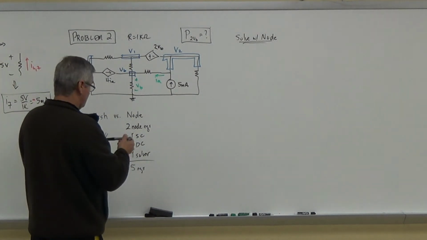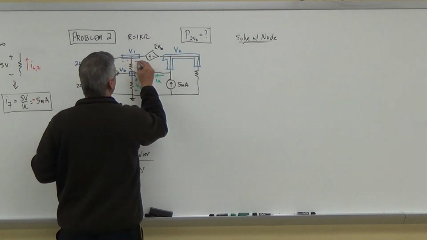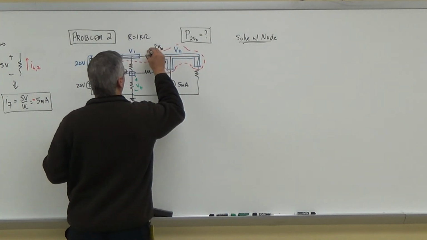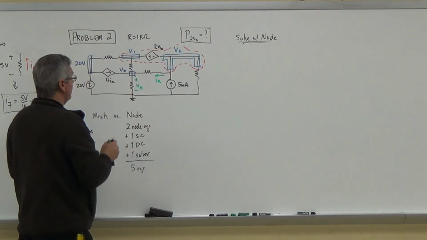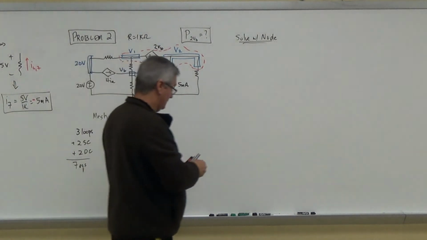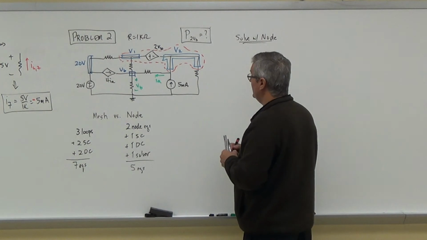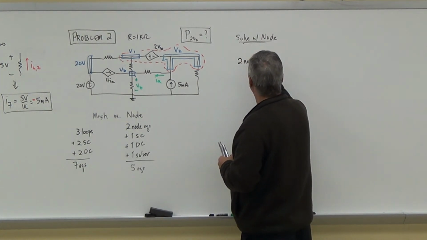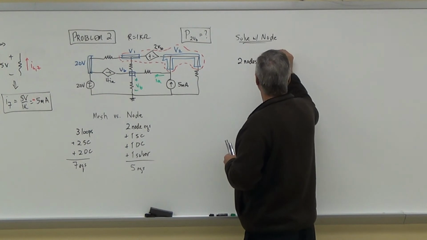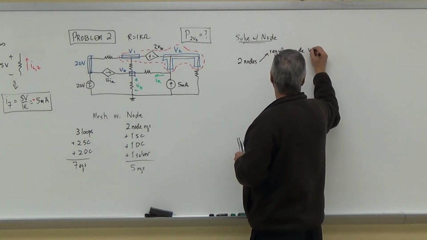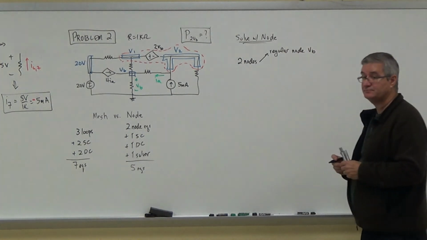So here's my 2 nodes, right? I've got my supernode, and then I have that node right there. So let's do the counting here. We have 2 nodes. One is a regular node, and that regular node is what we call VB.